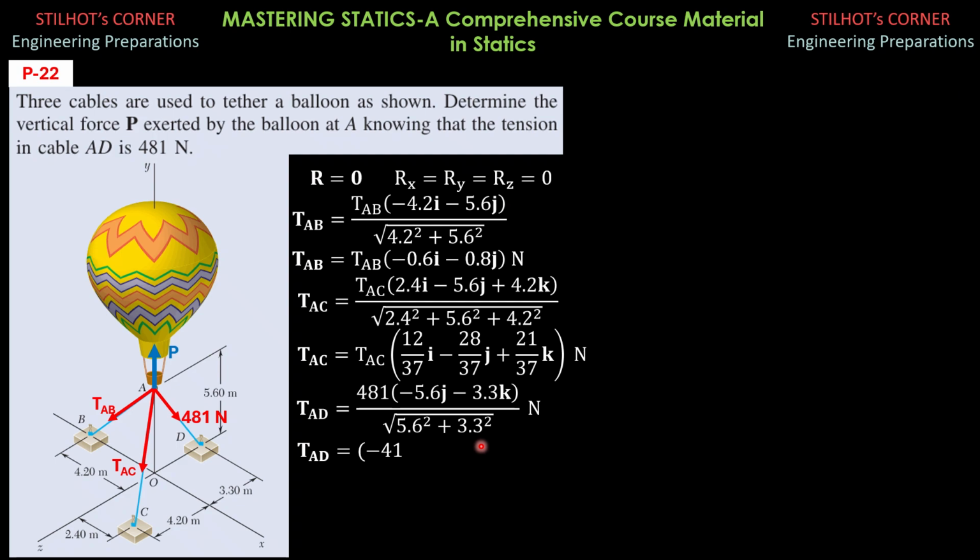And that is tension AD equals negative 414.4 J, then minus 244.2 K.